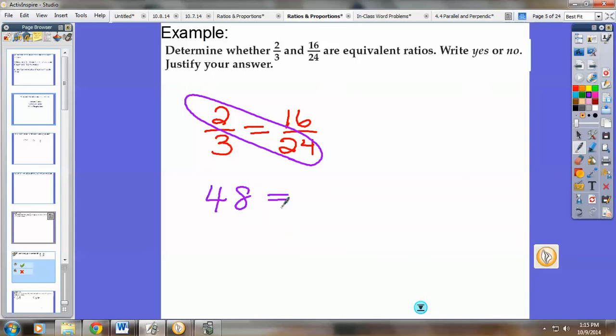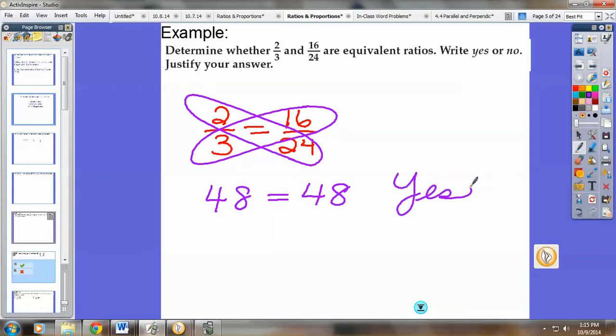We want to know, is that equal to the product of the opposite mean and extreme? So 3 times 16 is? They are equivalent. So we would state that yes, these two ratios are equivalent.